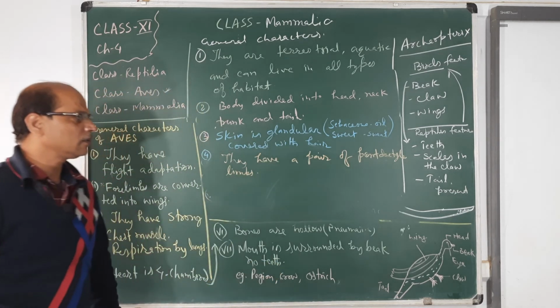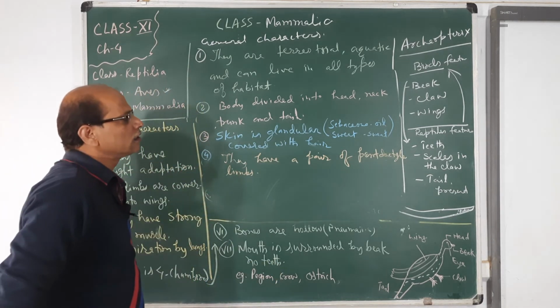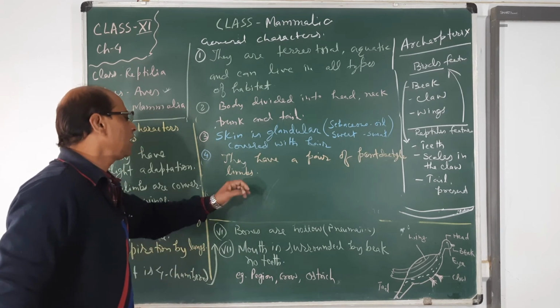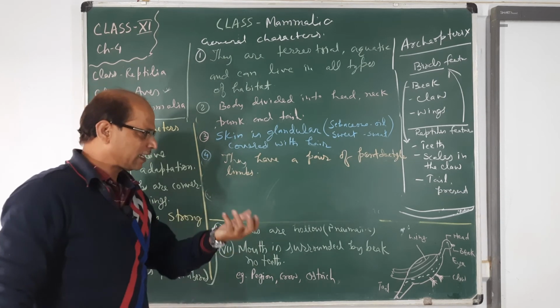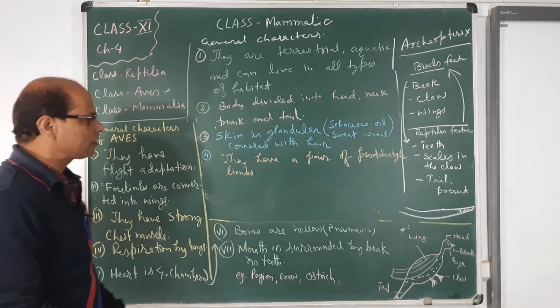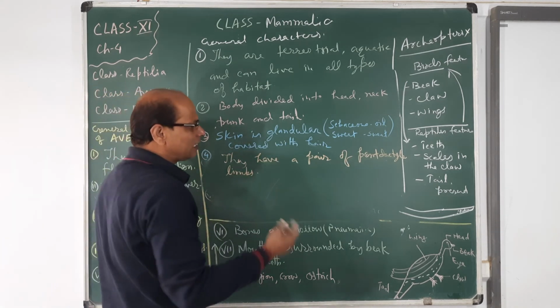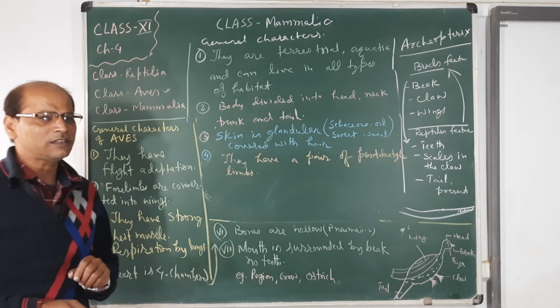What purpose? If they are present in the animals, they can walk with the help of that one. If they are present in human beings, we can use it for other purposes. So forelimbs and hind limbs are used in different ways in the mammals' life.